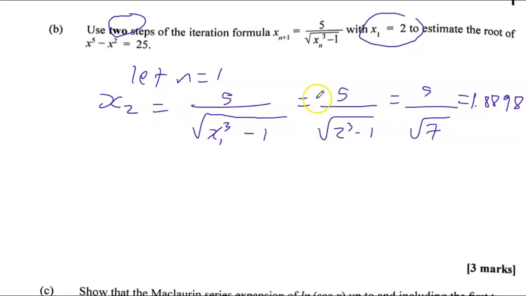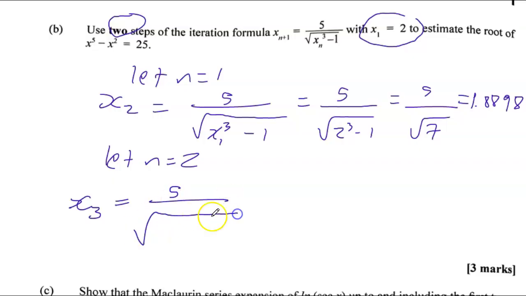And so that's x2. Now, there's 2 steps, so we need x3. X subscript 3 would mean that you have to replace the n with 2. So if I let n be 2, this subscript will now be x subscript 2 plus 1. That's x subscript 3. So that's 5 over the square root of x subscript 2 cubed minus 1.